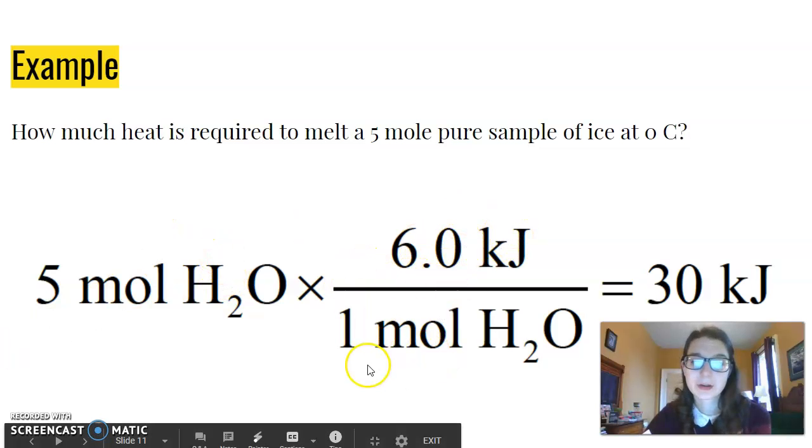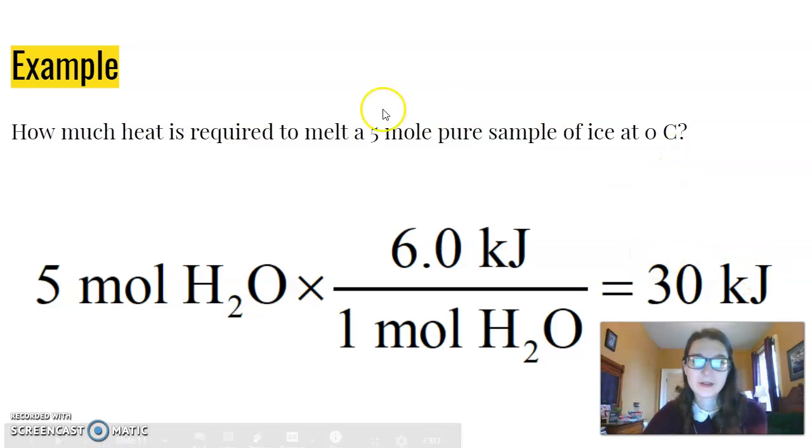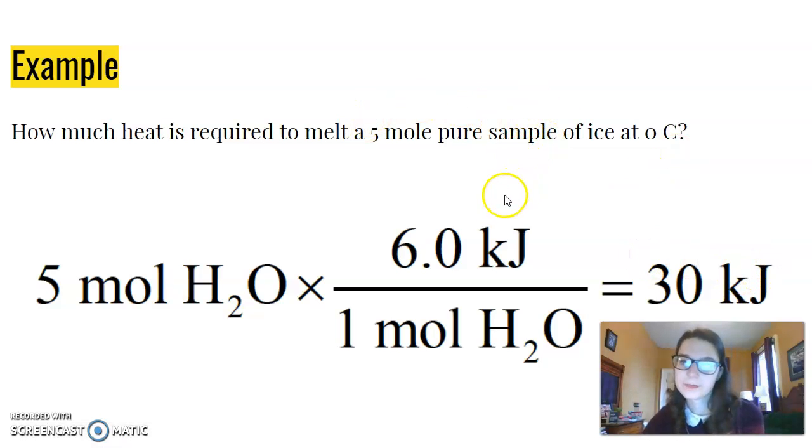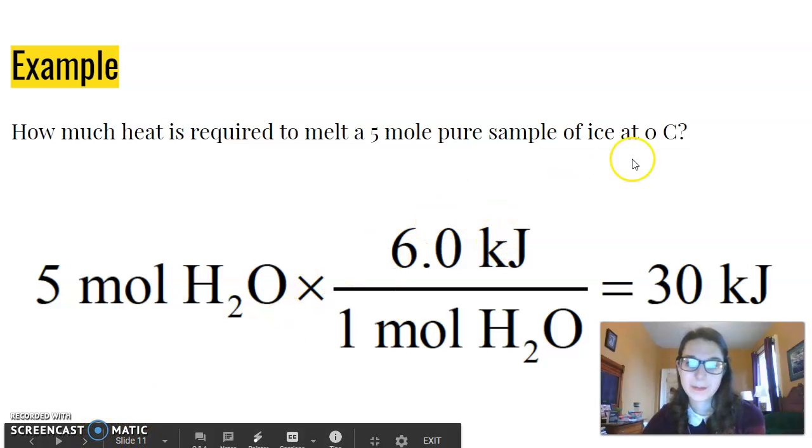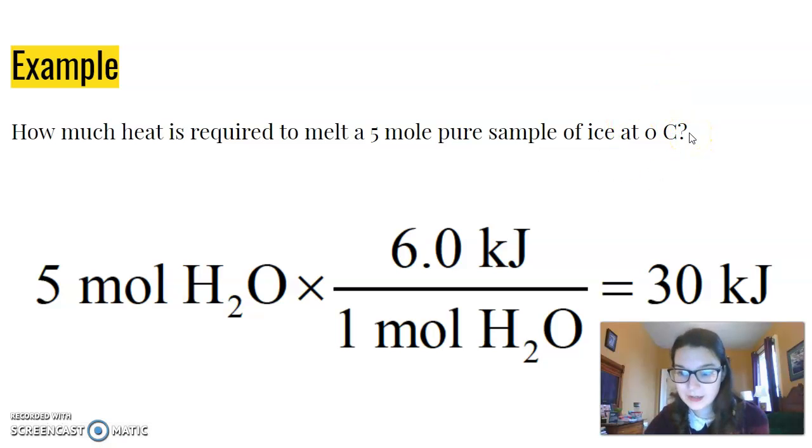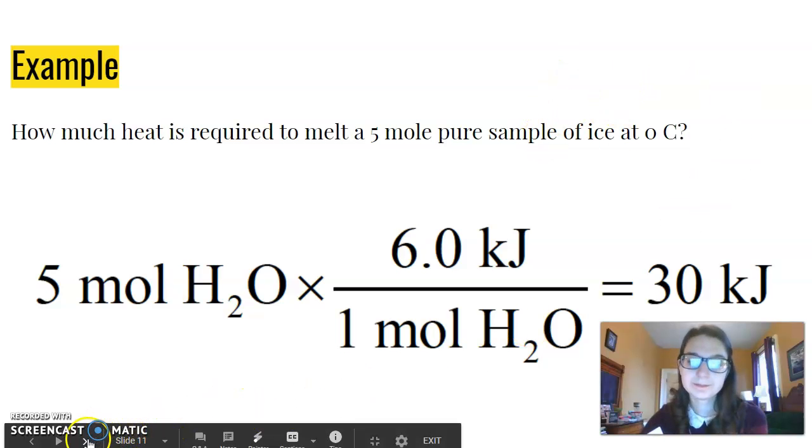That will cancel out our moles, and then we get 30 kilojoules of heat required to melt a 5 mole sample of ice at 0 degrees Celsius. This occurs at 0 degrees Celsius because remember in our heat diagram, that's where the actual physical change is occurring. So that's where the ice is going from solid to liquid.